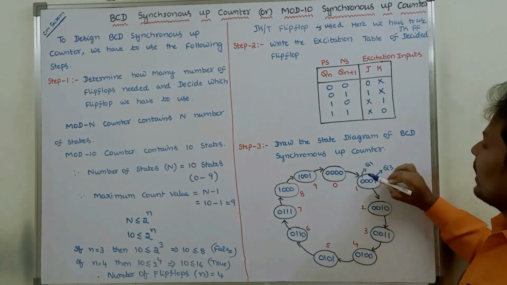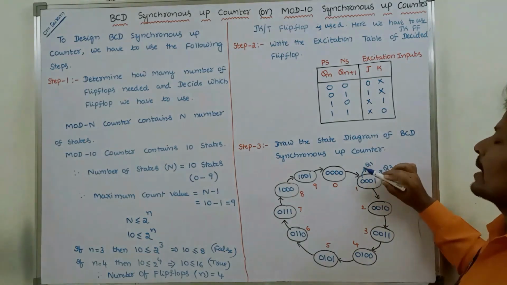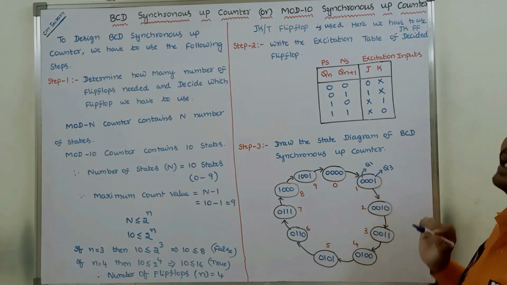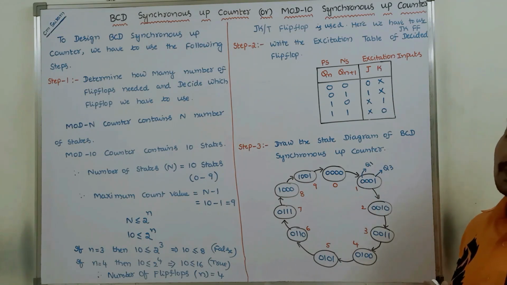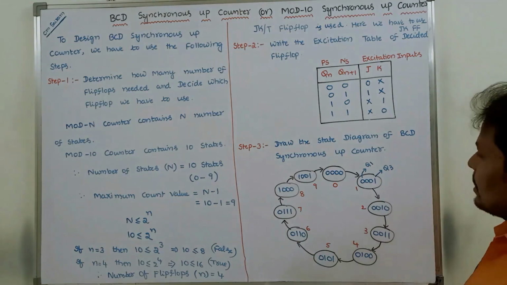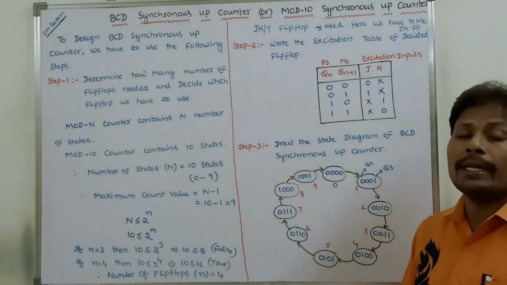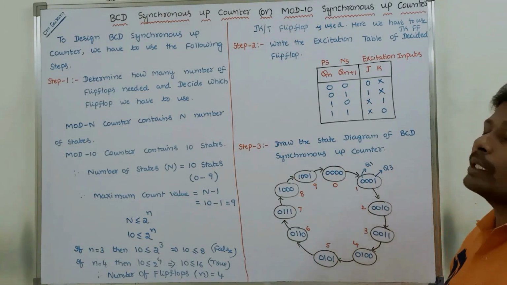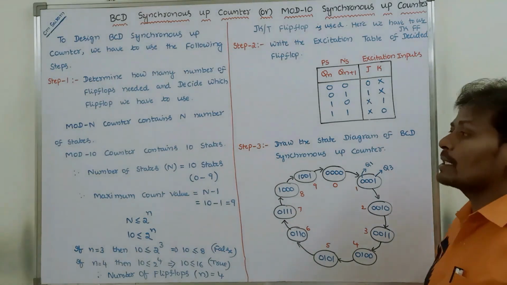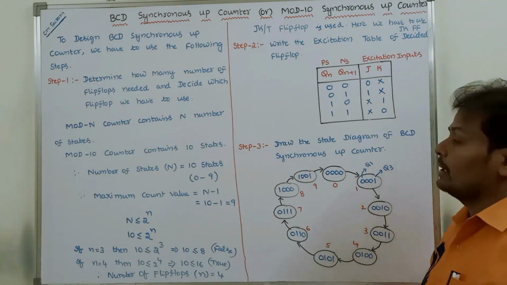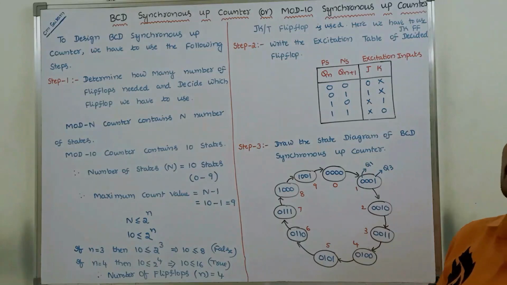Okay, I am taking the MSB as Q1 and the LSB as Q3. Next, this is the state diagram of the mod 10 synchronous up counter or BCD synchronous up counter. Next, we can go for step 4.